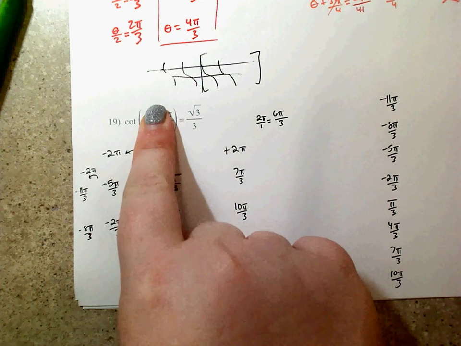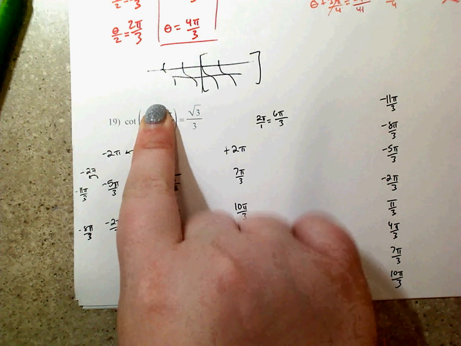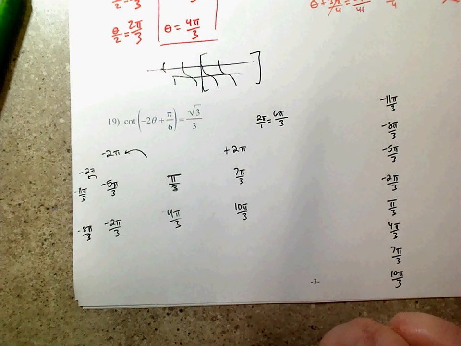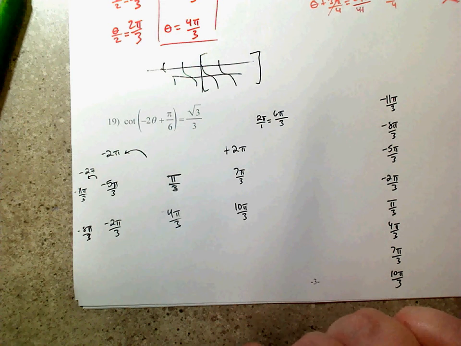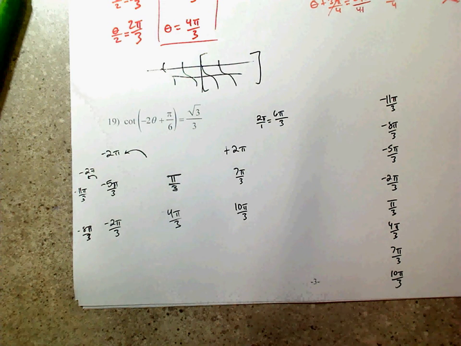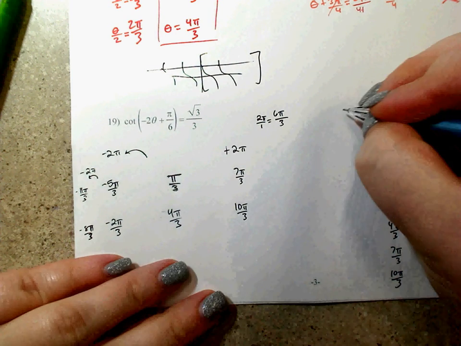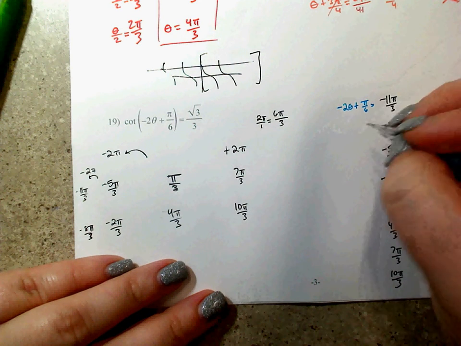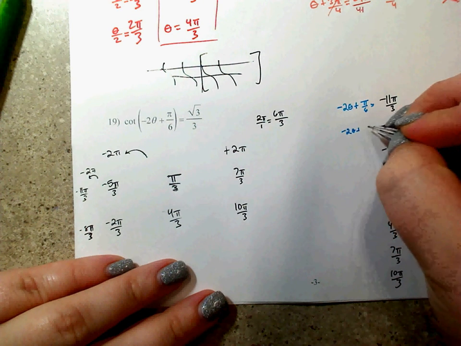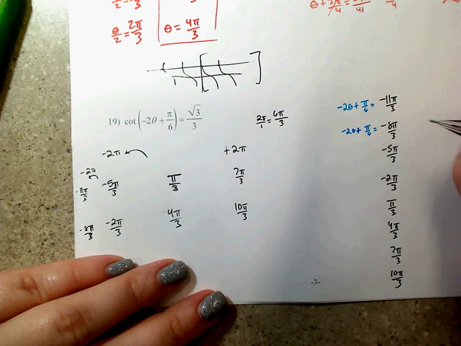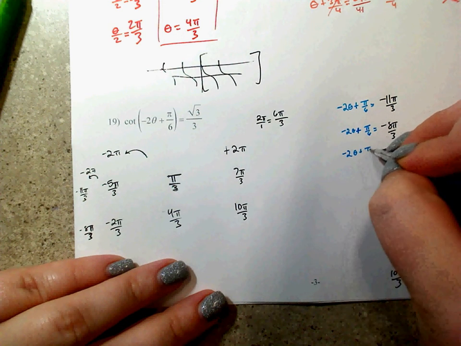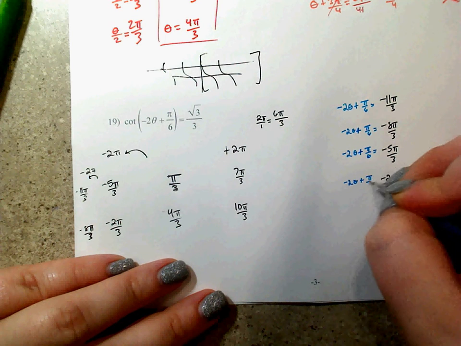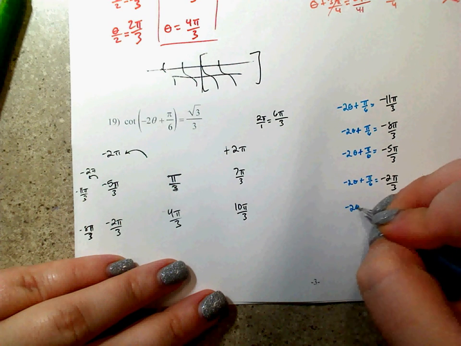So I'm going to set them each equal to negative 2 theta plus pi over 6. I probably won't need those, so I'm not going to keep going.